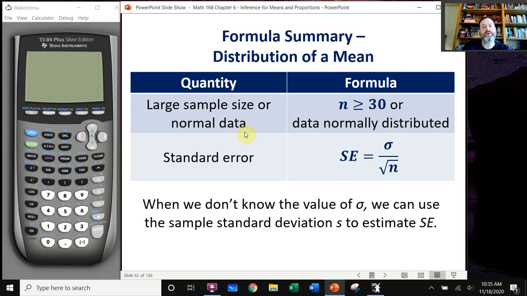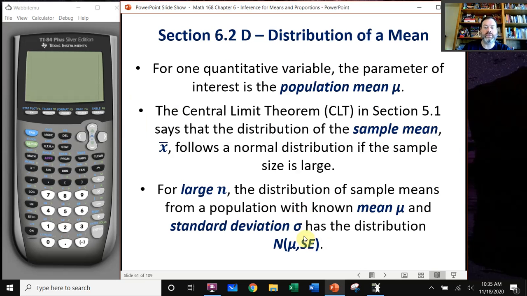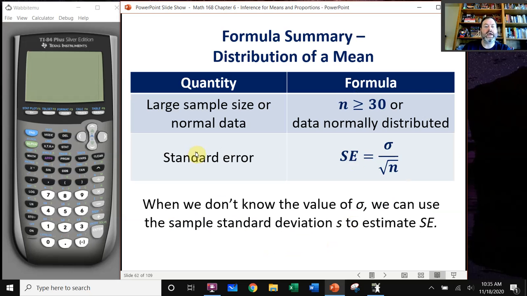If our data set appears normal, then we treat that as the population being normal. Or we need a large sample, which comes from the central limit theorem. So if n is greater than or equal to 30, or the data is normally distributed, then we can use this. And if one of these is satisfied, or both, then the standard error is given by this formula.